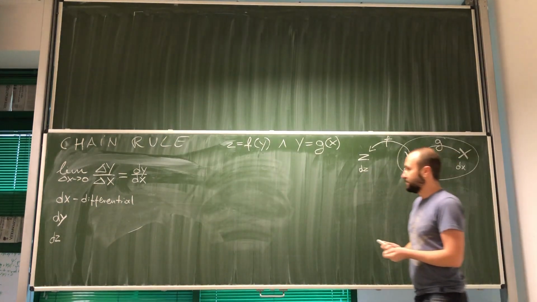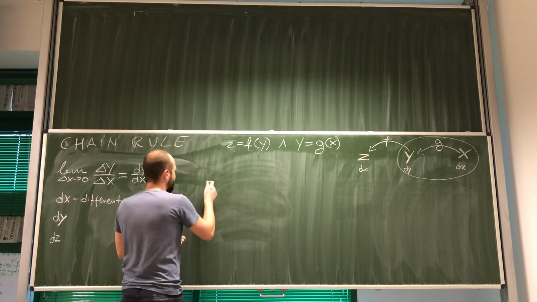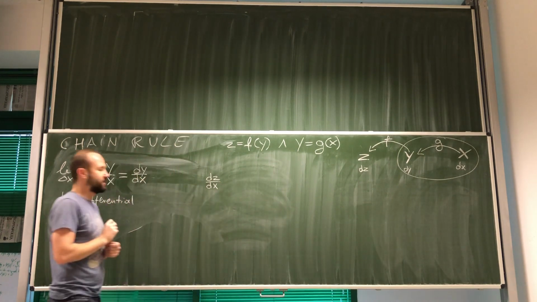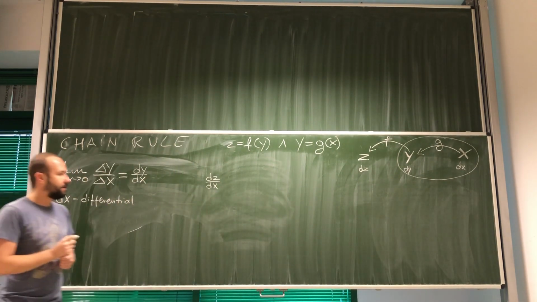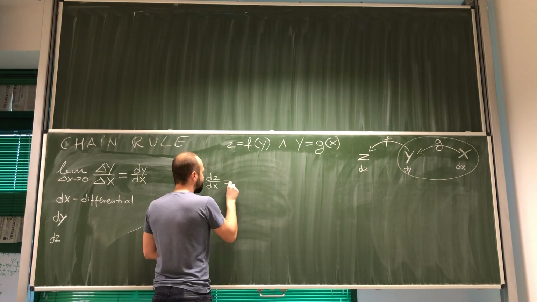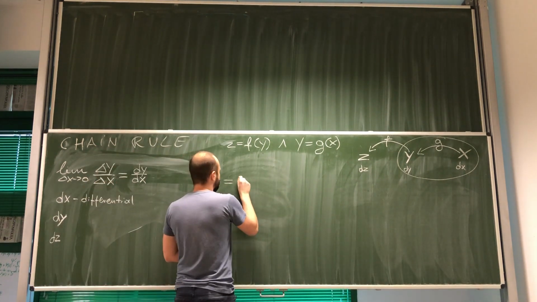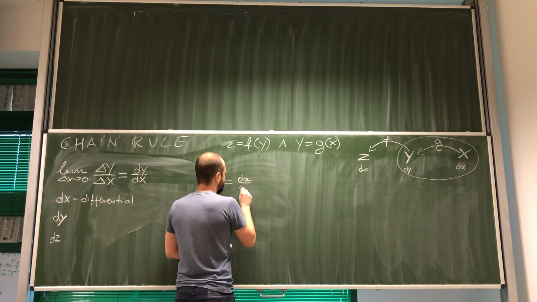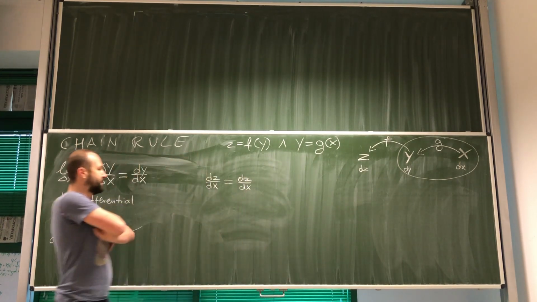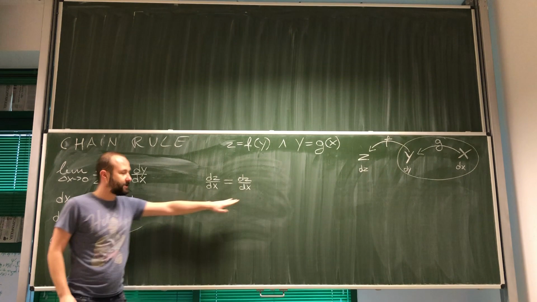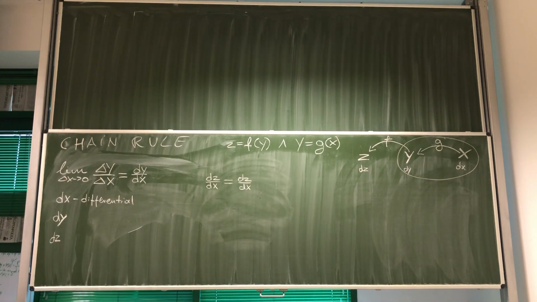How can I write it? Well, we are simply looking for the derivative of z with respect to x. And I hope nobody is going to argue with me if I say that this is equal to dz dx. Okay, so we see that both sides of this equation are equal to one another.